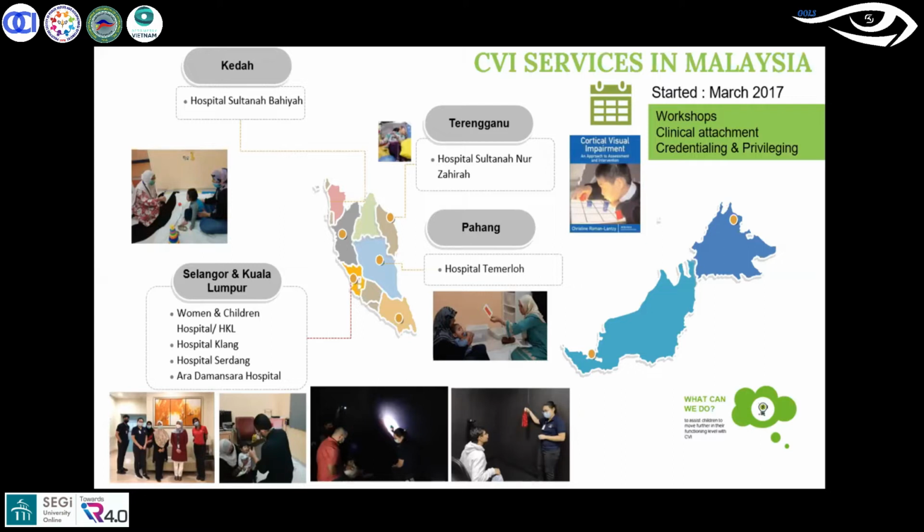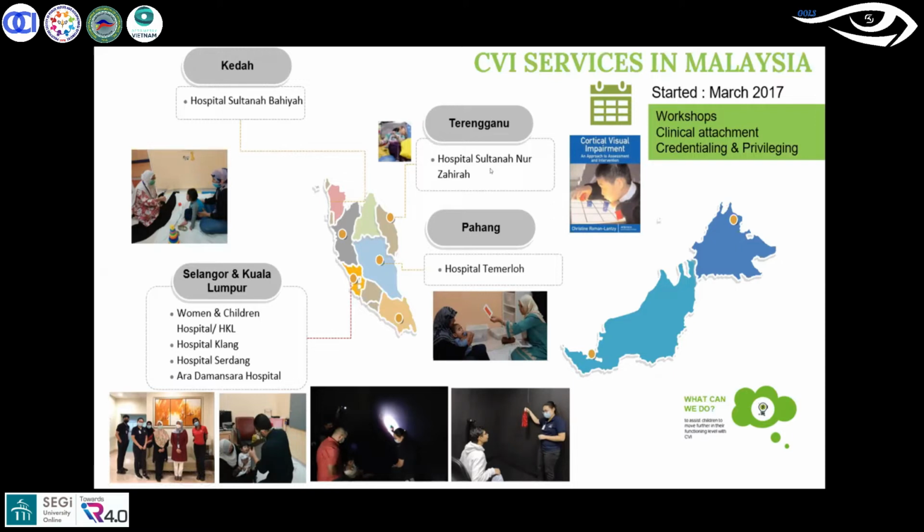From there, we had a series of workshops throughout Malaysia, particularly in the southern, northern, east, and also our Borneo regions. After those workshops, some hospitals have already begun the services, such as in Kedah in the northern region. Mostly in Selangor, we have 4 hospitals at the moment giving these services to the children.